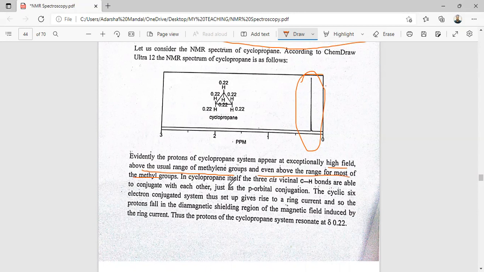In cyclopropane itself, the three vicinal CH bonds are able to conjugate with each other just like pi conjugation. The cyclic 6-electron conjugated system thus sets up a ring current, so the protons fall in the diamagnetic shielding region of the magnetic field induced by the ring current. So the cyclopropane signal is at 0.22.